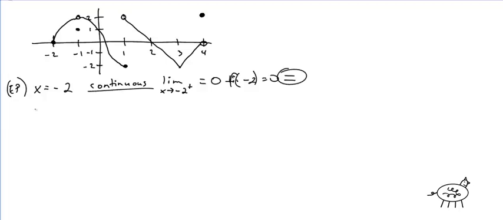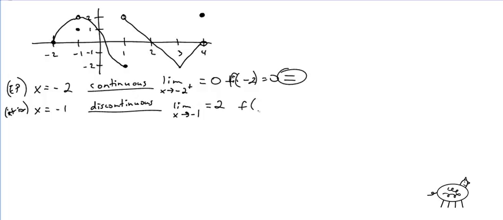The next one I'm going to look at is x equals -1, and this is an interior point. That is discontinuous. It's discontinuous because the limit as x approaches -1 is definitely equal to 2, so the limit does exist.